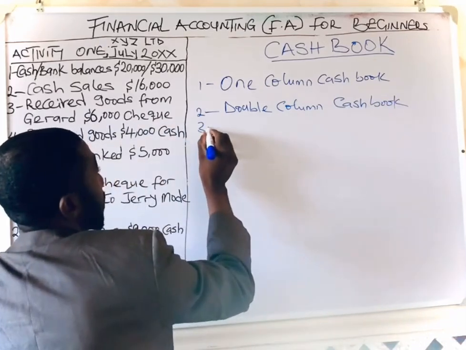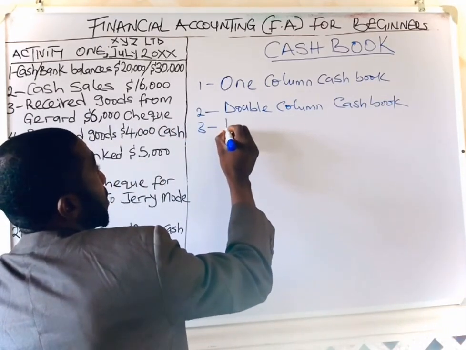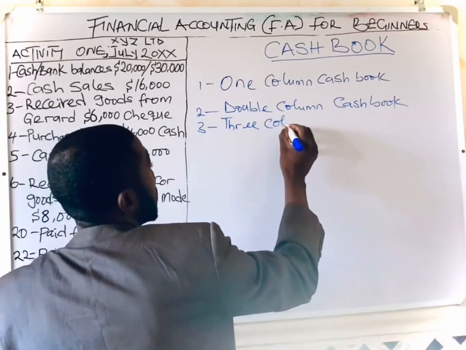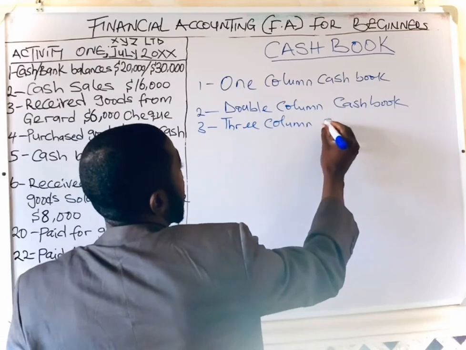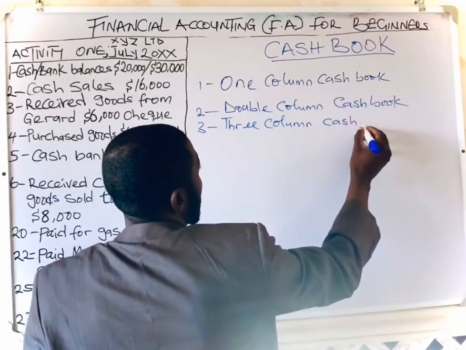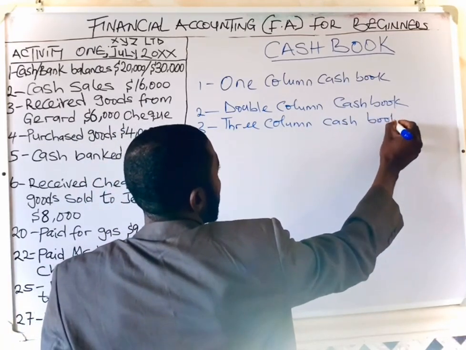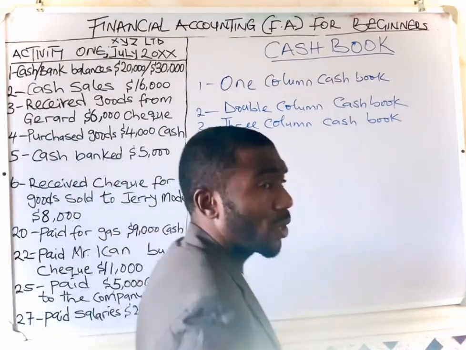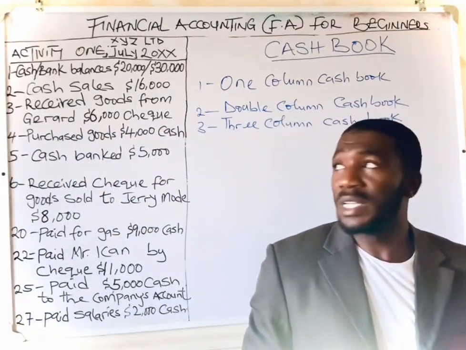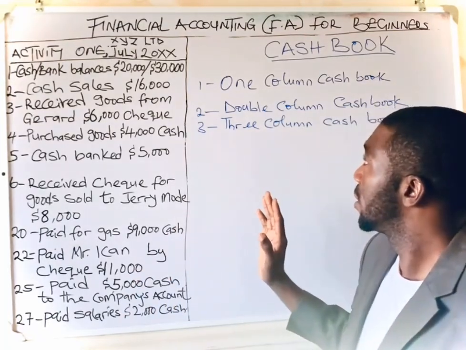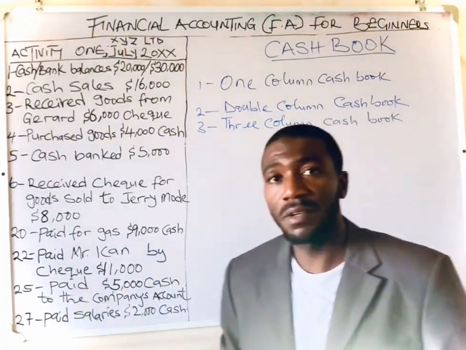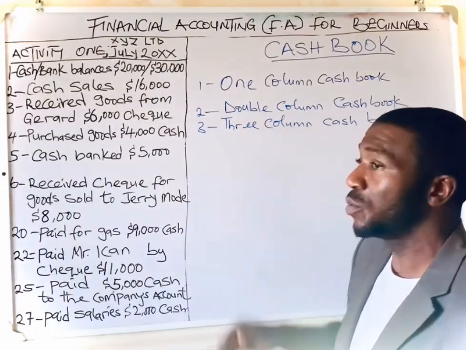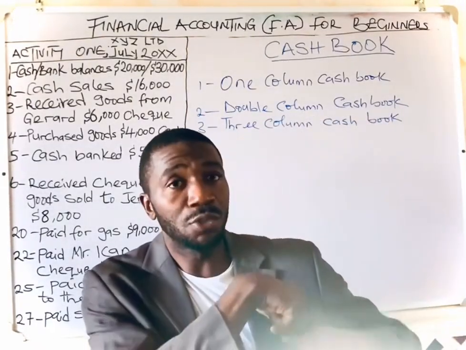Three, we have the three column cash book. We also have petty cash book, but these are the major types of cash book we have. After this, we'll look at the petty cash book.